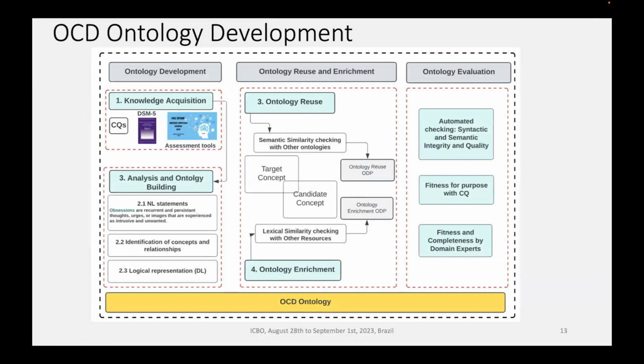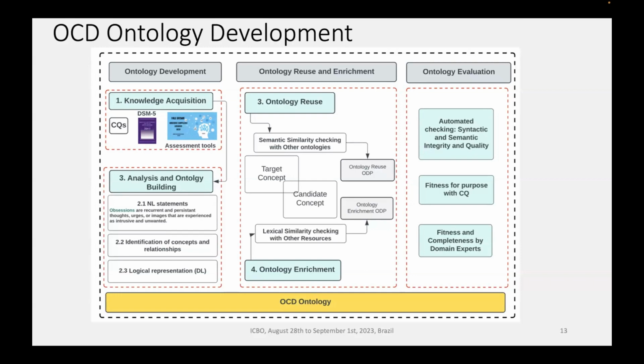I'm going to talk in the next slide about the ontology reuse and enrichment. Ontology evaluation, I'm going to come across this very quickly here. So the evaluation, we evaluated the ontology in three approaches. The first one is answering competency questions using SPARQL queries.